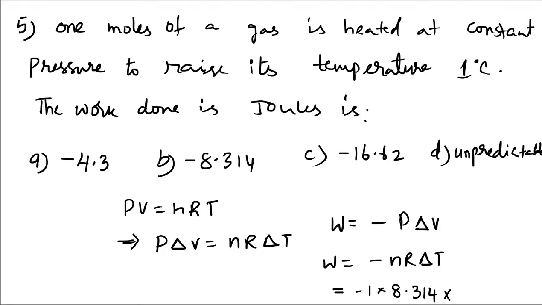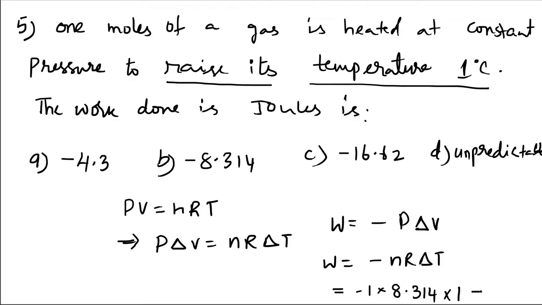And what is the delta T? A very important point here. It looks like there is no initial temperature and no final temperature, but there is an important phrase: raising the temperature of the system by 1 degree centigrade. So initially some temperature is there, and the final temperature is just 1 degree above the initial temperature. That means the change in temperature is only 1 degree.